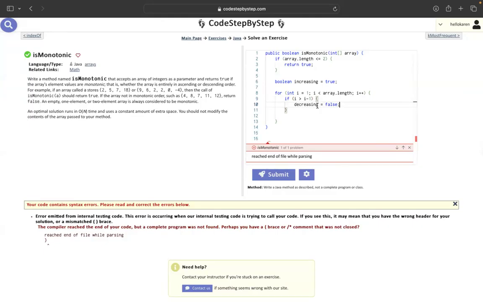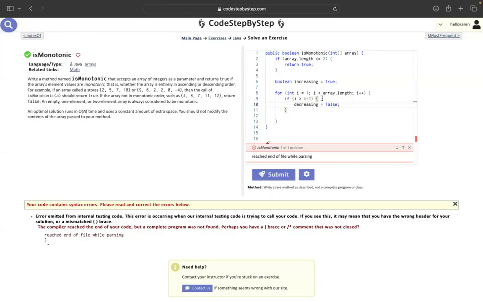What I would say is initially, before your for loop, you need to establish whether your boolean increasing is going to be true or false, right? Because once you enter your for loop, you want to know what pattern you're going to be checking for. You don't want to wait until you get into your for loop to check for that.